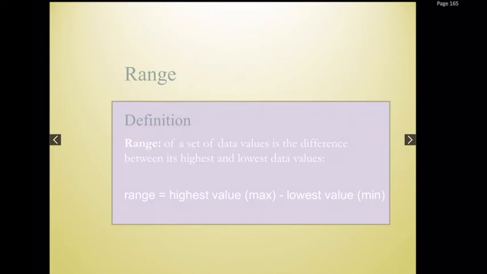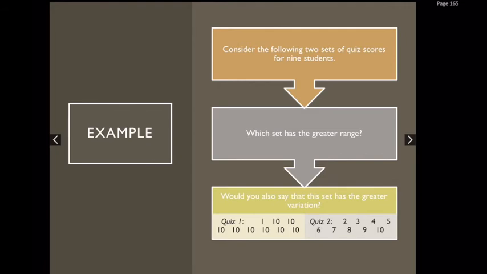Like I said, range is also a measure of variation. The range of a data set is the difference between the highest value and the lowest value. So let's go ahead and look at an example. Let's look at two sets of quiz scores.